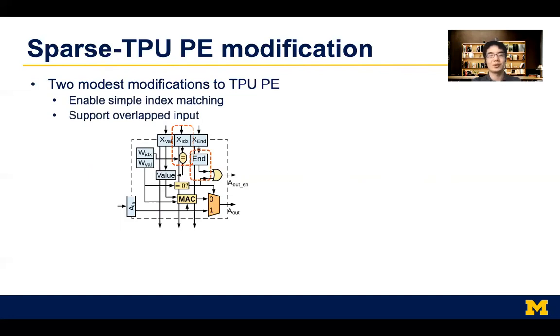And we also support overlapped input by adding a one-bit end signal to indicate the last element of the input vector stream.